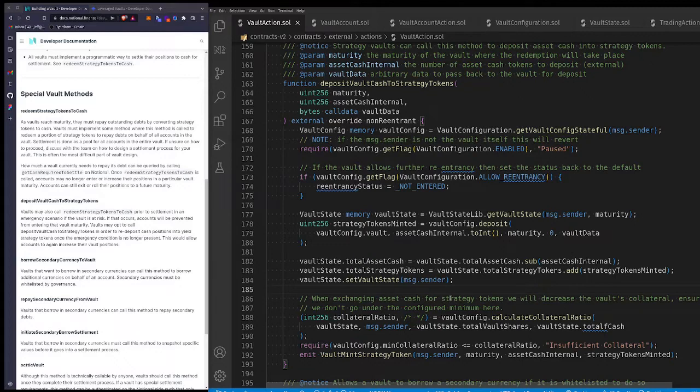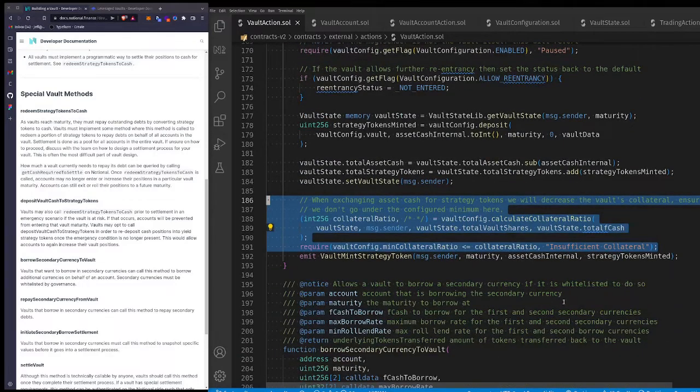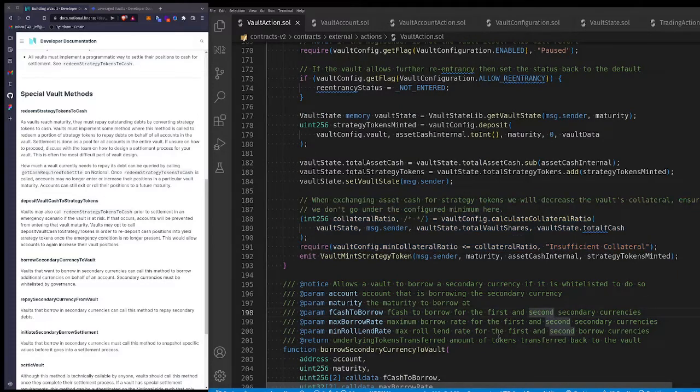So that's what's available here. It's for vaults to use if they want to implement that. Note here that there is a collateral check that occurs so that the vault does not inadvertently put all of its accounts into the liquidation zone.